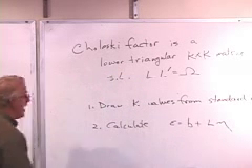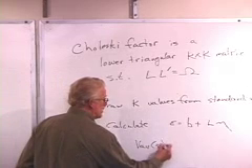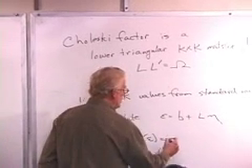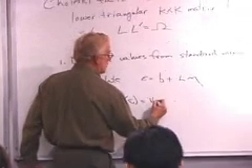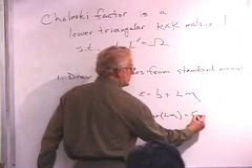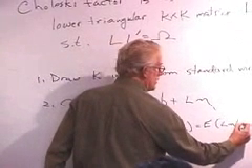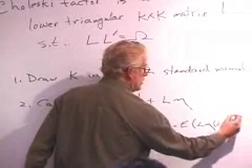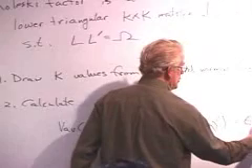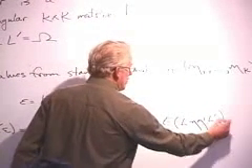Okay? And we can calculate the variance of epsilon. That's equal to the variance of L eta, which is equal to the expectation of L eta eta prime L prime.